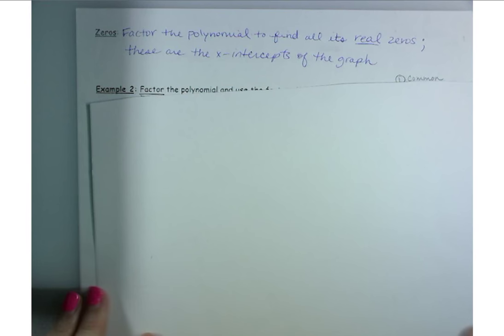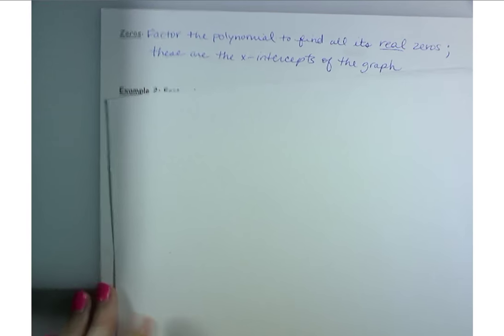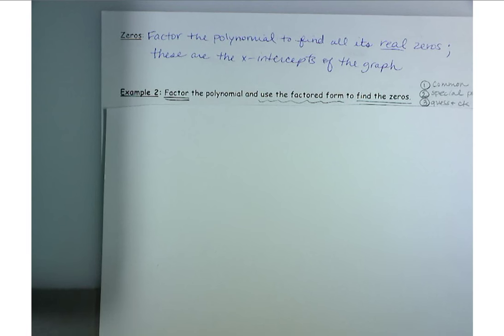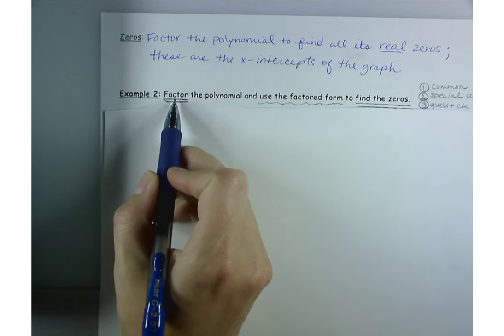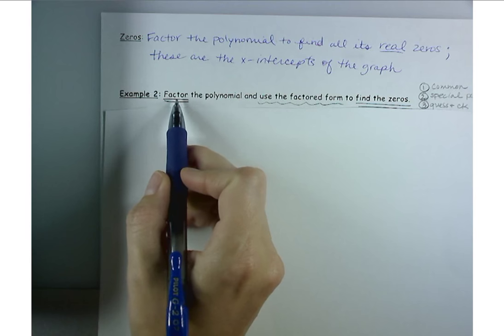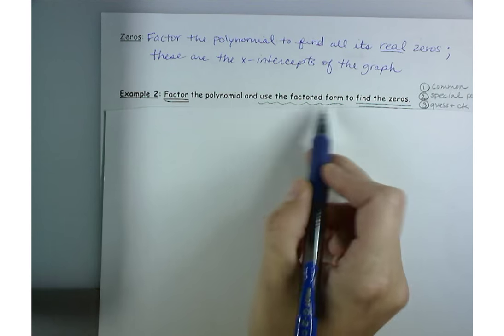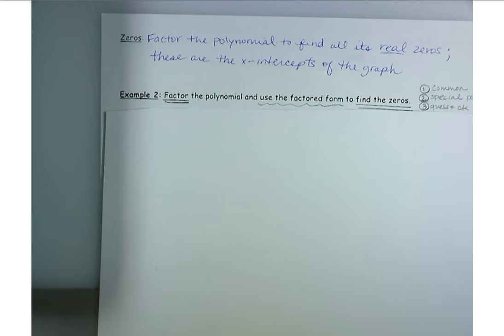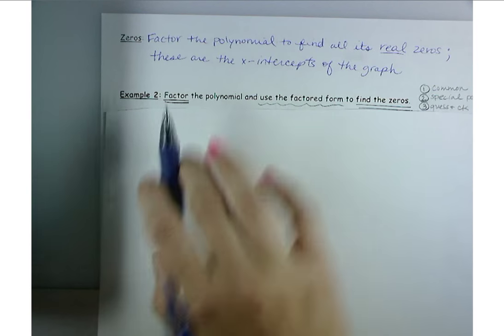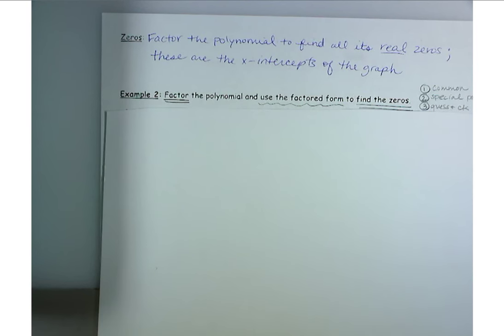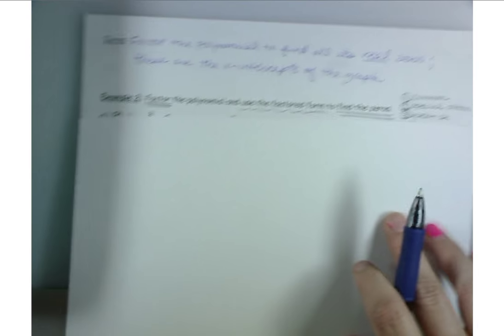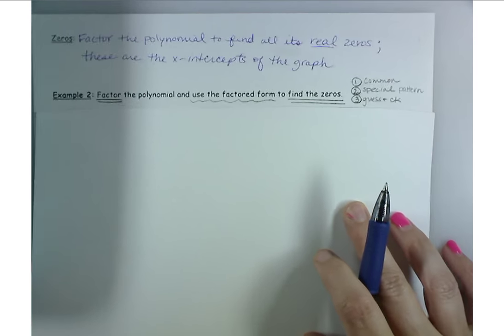Okay, so, for example 2, notice that it says to factor the polynomial. So we are gonna factor the polynomial, and we're gonna use the factored form to find the zeros. So we're gonna do 2 things. We're gonna factor and we're gonna find the zeros. Well, if we're gonna factor, I thought maybe we could use a little refresher of our factoring rules.